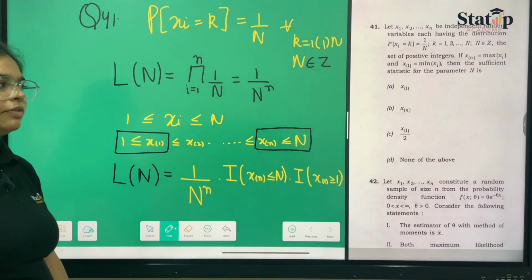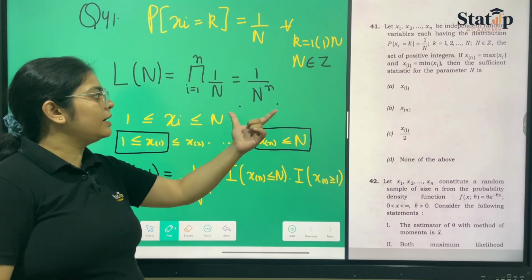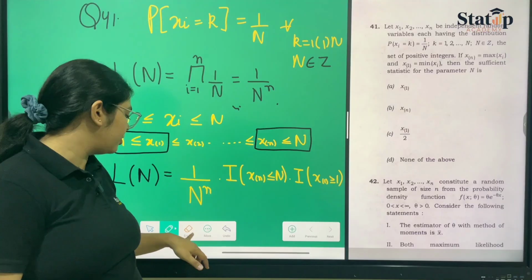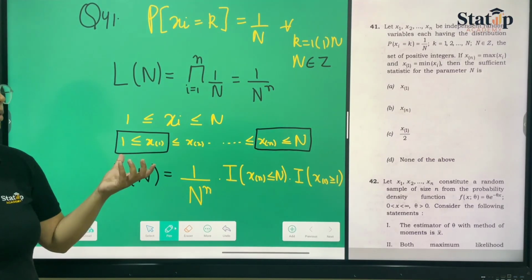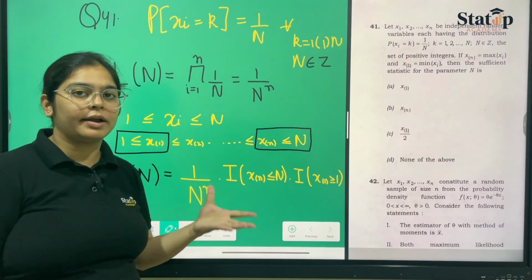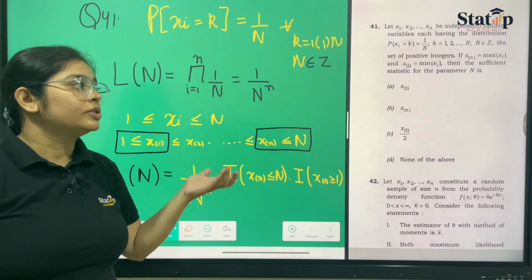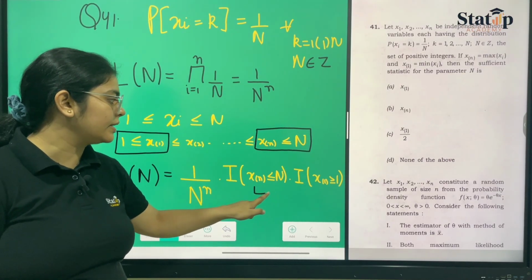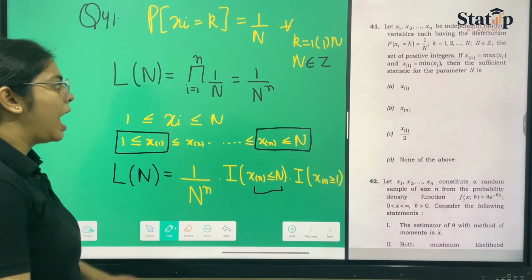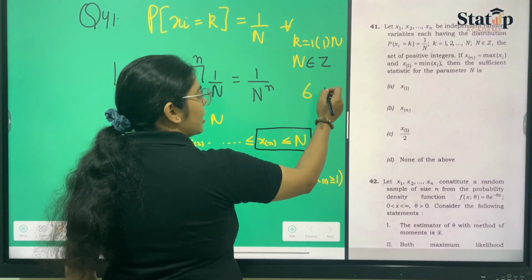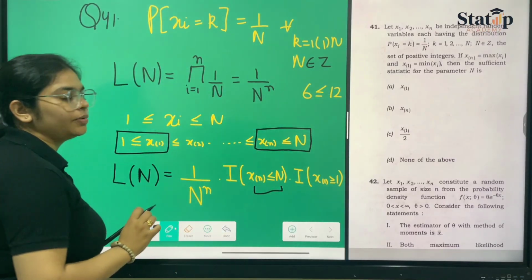Why are we using the indicator function? Suppose we say that we are drawing two dice, and now we are calculating the sum. The sum comes out to be 12, but the maximum number a dice can have is 6. So that is why we should consider this Xn. Xn is the maximum, and N should always be greater than or equal to the maximum. If we are getting 12, then N should be greater than or equal to 12.